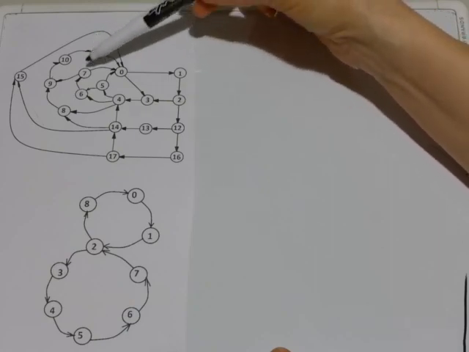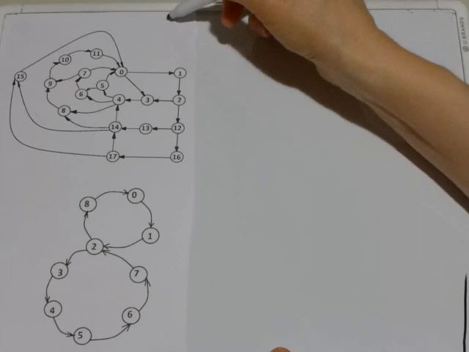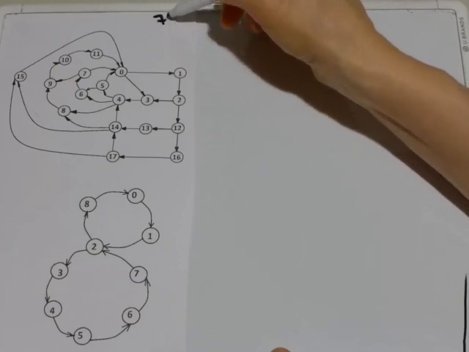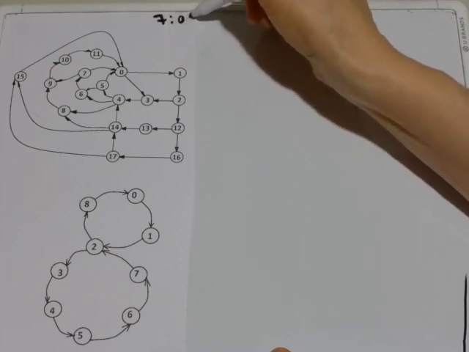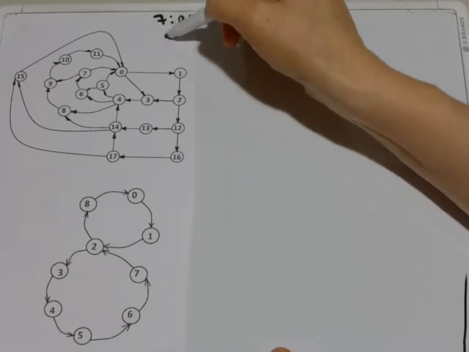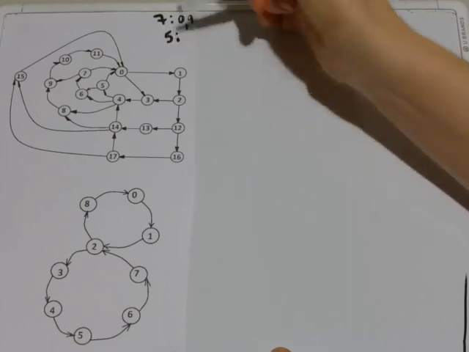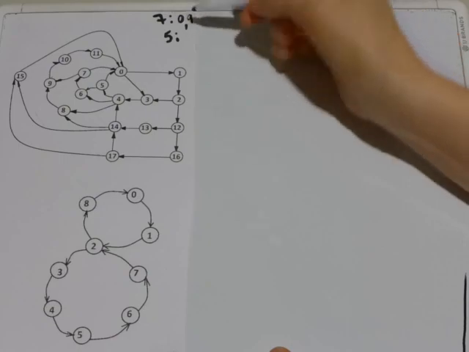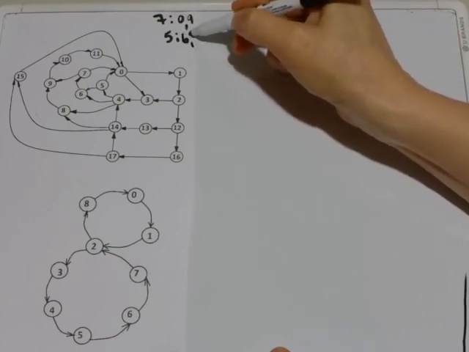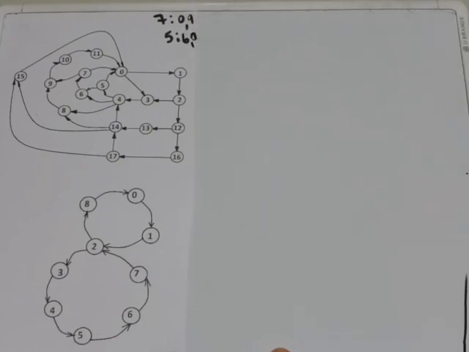In the adjacency list of 7, 0 comes before 9. In the adjacency list of 5, node 6 comes before 0. These are the only things we need to remember, because these conditions are important and we'll see why.